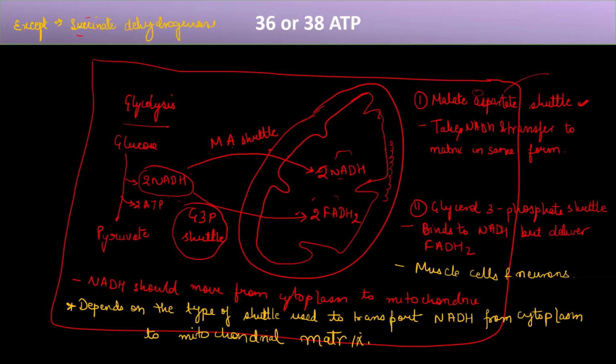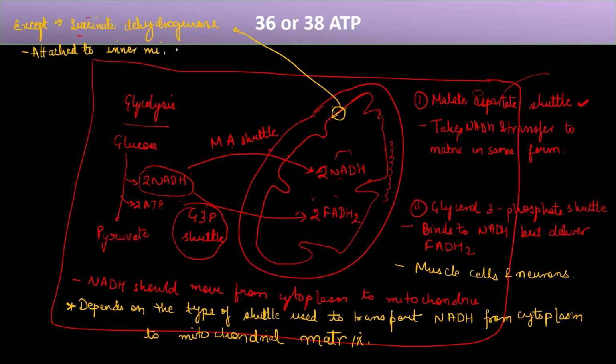This enzyme is not present in the matrix, but is attached to the inner mitochondrial membrane. So suppose this is your inner mitochondrial membrane, so this enzyme is attached here. This is your succinate dehydrogenase. It is not present in the mitochondrial matrix, but is attached to the inner mitochondrial membrane.